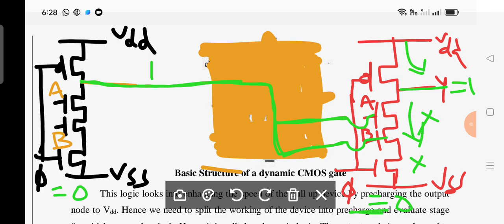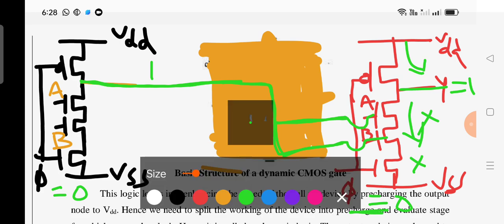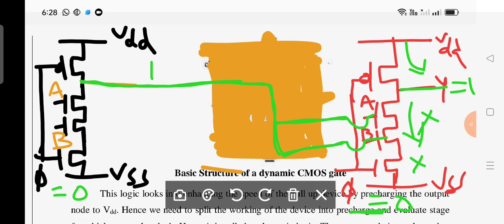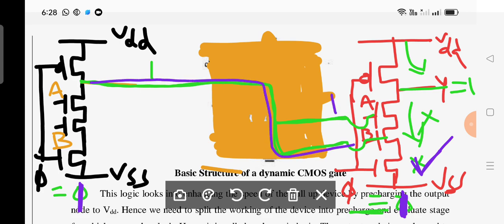Now observe very carefully the important point I am discussing. When pi is equal to 1, this transistor will be turned on. Now the output of this previously is 1.